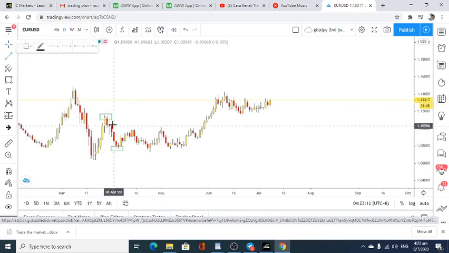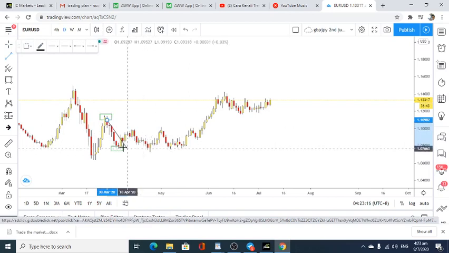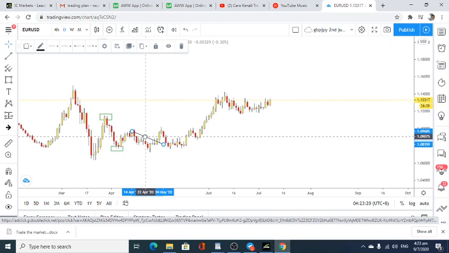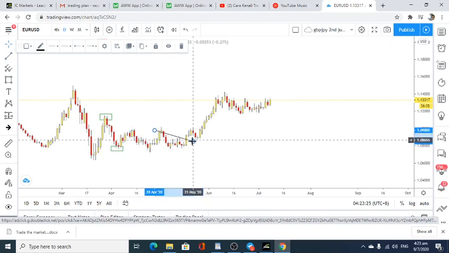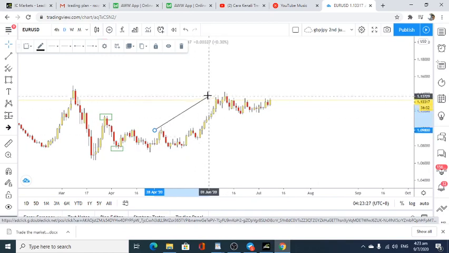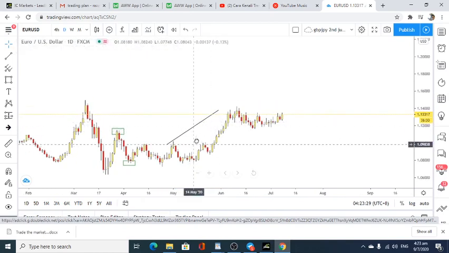Then we recognize that price went down here. This is the first drop. As price went down here, it never broke this support, and instead what happened? It broke resistance.